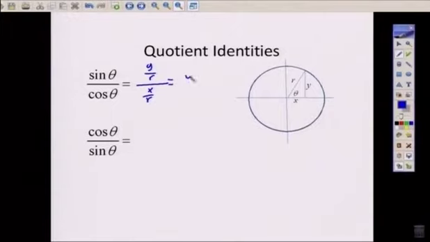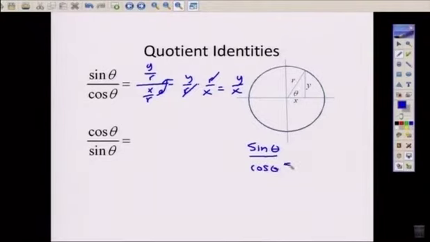When you divide fractions, you multiply by the reciprocal, the r's cancel, and you get y over x. So the first quotient identity is that sine theta divided by cosine theta is equal to y over x, which is tangent theta.